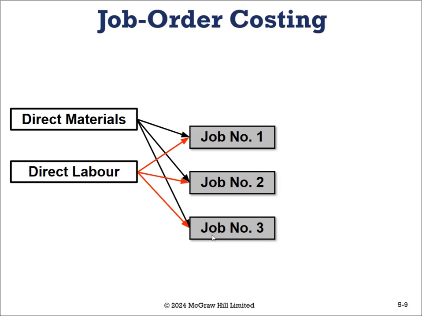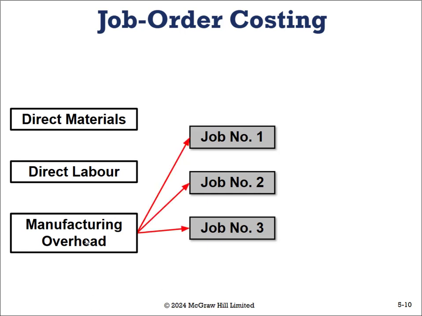Only direct labor costs get posted to the job sheet, whereas indirect labor is part of manufacturing overhead and does not get directly posted to the job sheet, but rather becomes a bucket of costs that then gets allocated to each one of the jobs. So let's take a look at that now.